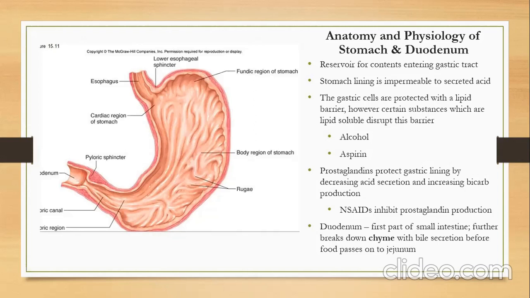So if you don't give the NSAID orally and you give it IV, while it may not irritate the lining of the stomach, and it may not do anything to this lipid barrier in the third bullet point, it will still be inhibiting prostaglandin production, still putting you at some risk with increased acid secretion and decreased bicarb production. Remember, the body has a way of balancing itself out, right?